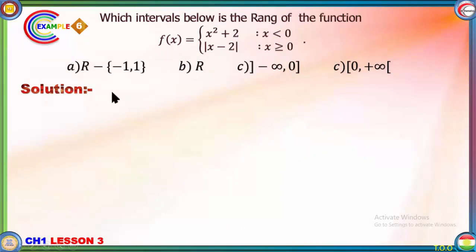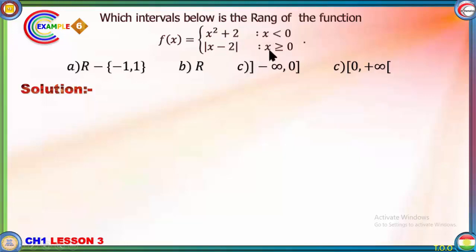Example number 6. Which interval below is the range of the function x squared plus 2 when x is negative, and absolute value of x minus 2 when x is bigger than or equal to 0? Whatever the value of x is negative, the value of x squared plus 2 is positive, that means bigger than 0.